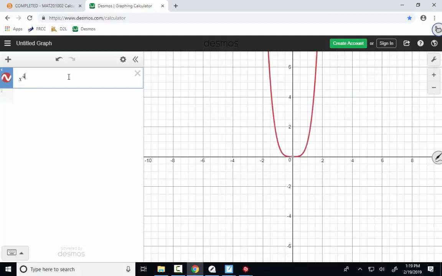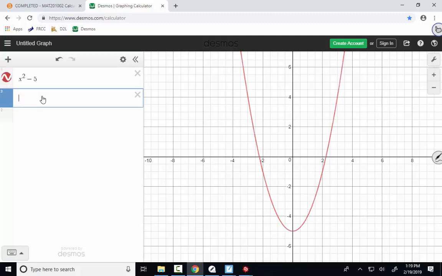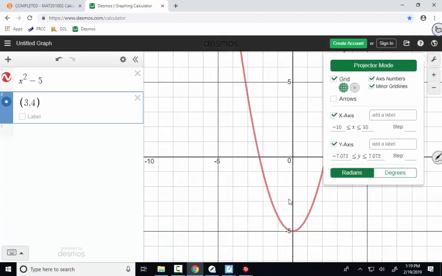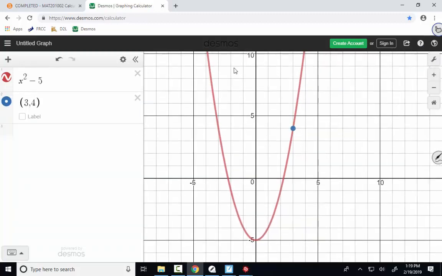x squared. All right, so here's the function. Here's the point we're finding the slope of the tangent line at. So we found the slope of the tangent line to be 6. In other words, if we're on this function, the steepness is 6. So right there at that point, up 6 units over 1 unit is how steep that is.